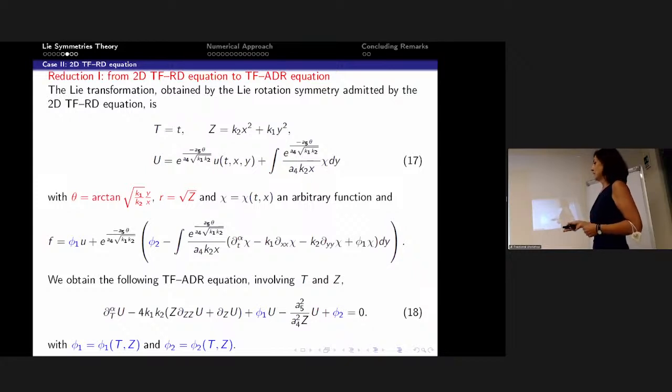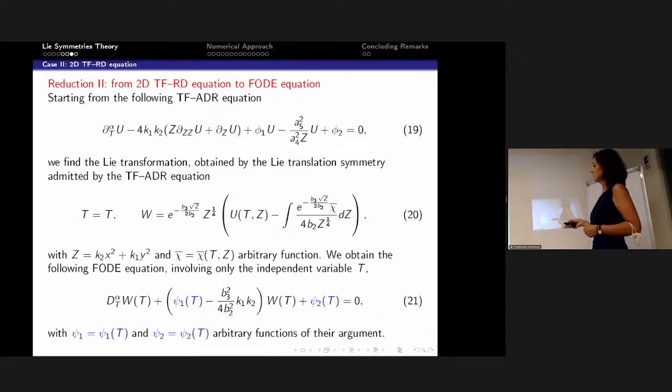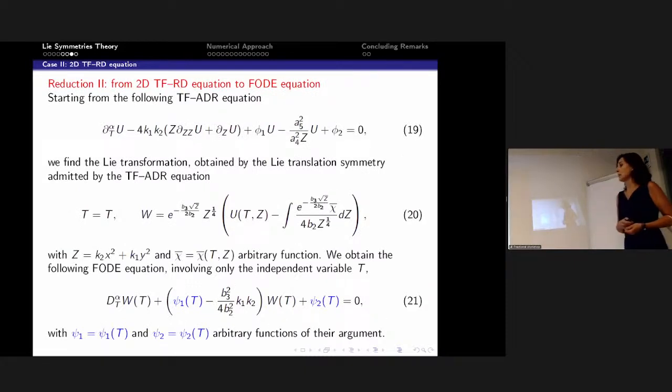Then we start from equation number 19, seen before. By applying another Lie transformation, we map the equation in ADR into a fractional differential equation given by number 21.